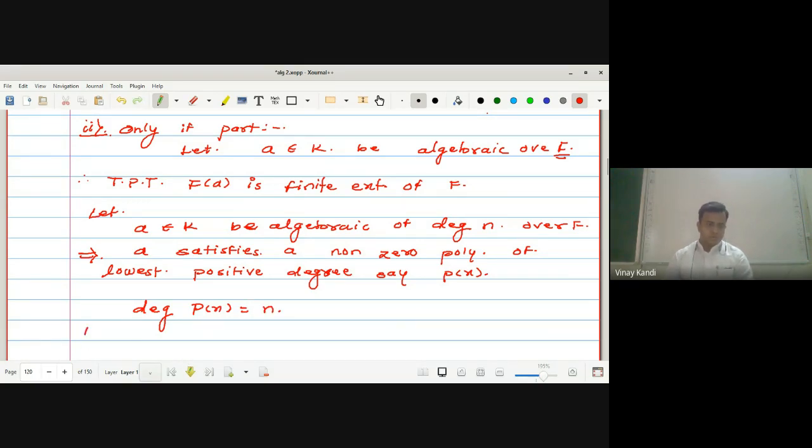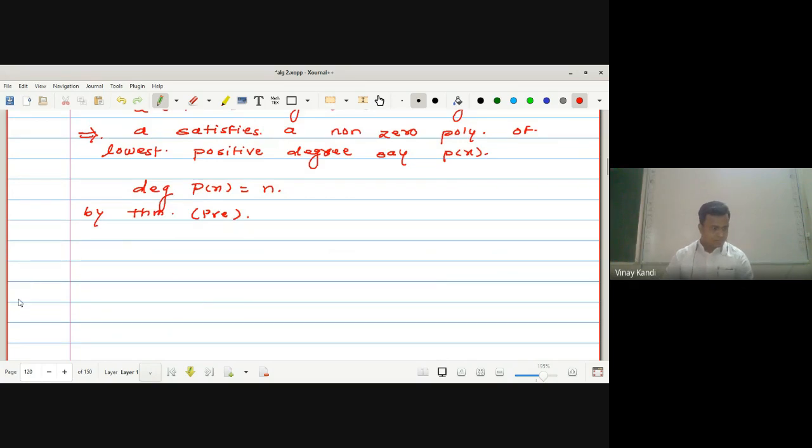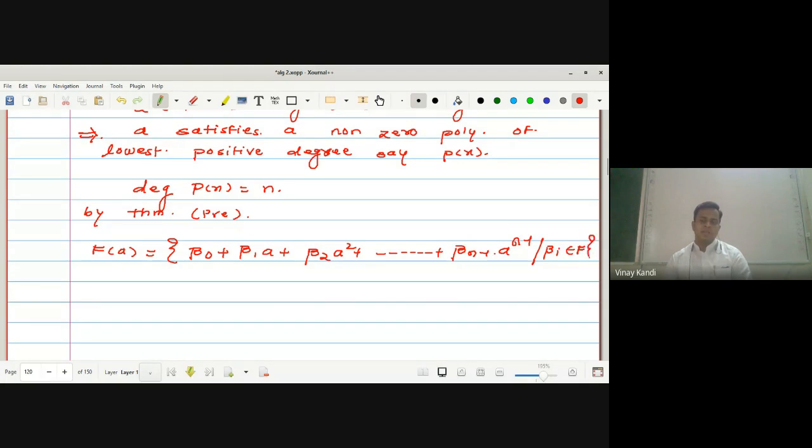Okay, so by the previous theorem, what is the previous theorem? What is the nature of F(a)? It is equal to beta naught plus beta 1 a plus beta 2 a square plus up to beta n minus 1 a raised to n minus 1, where all the beta i's belong to capital F. So this is the nature of F(a).